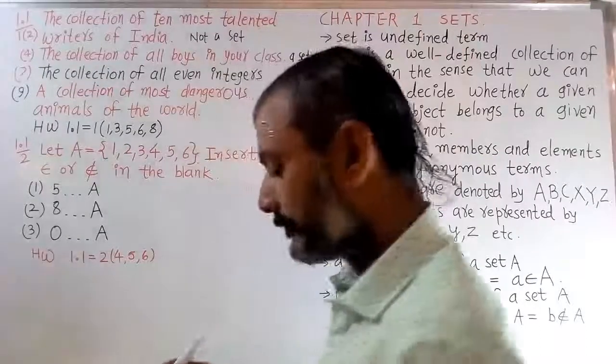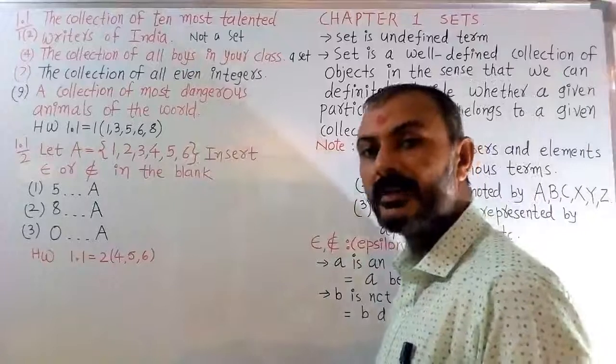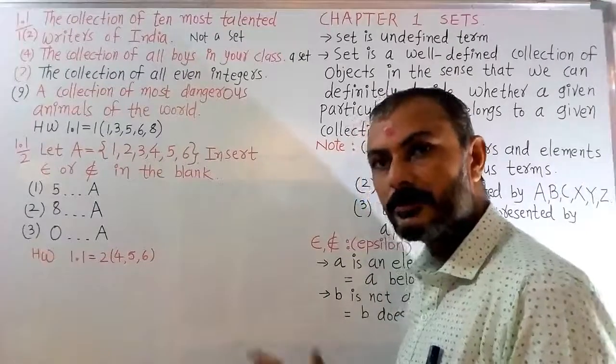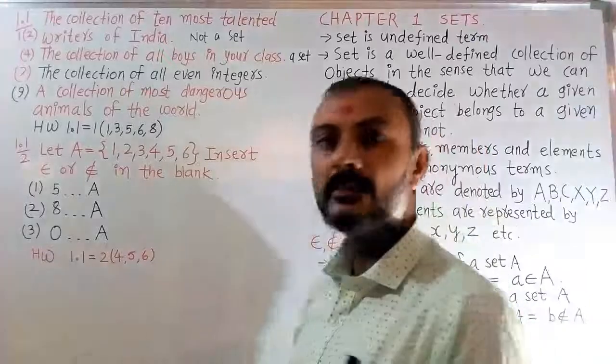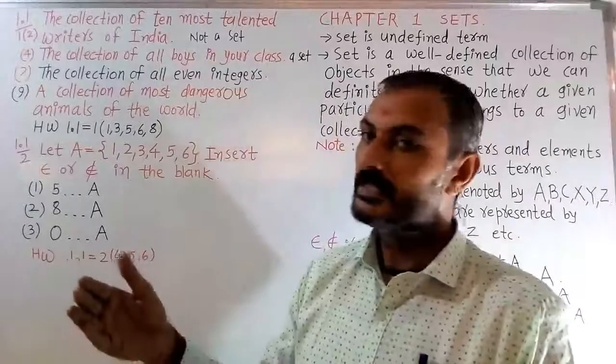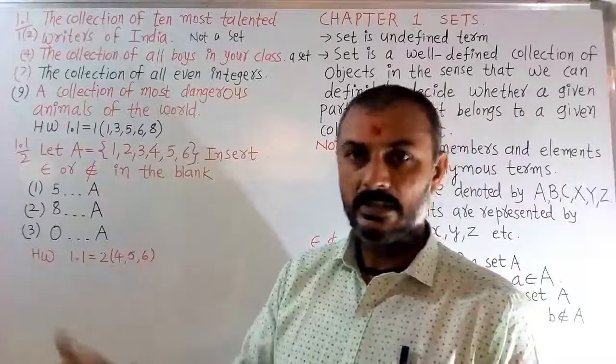Now, all even integers is well defined. There are two types of integers, even or odd. So 1 is odd, 2 is even, 3 is odd, 4 is even.